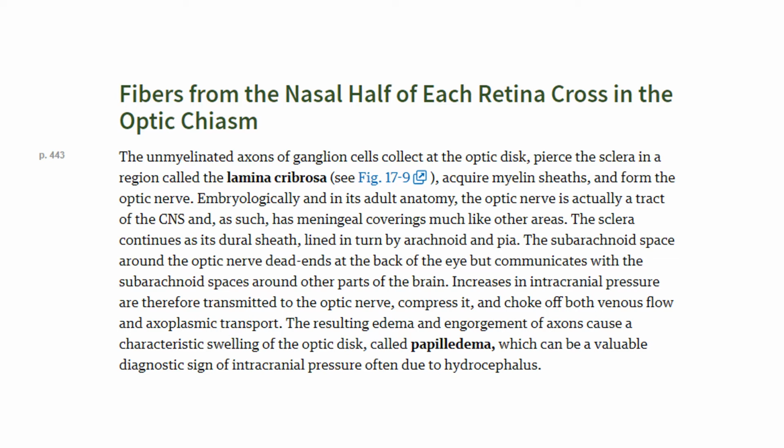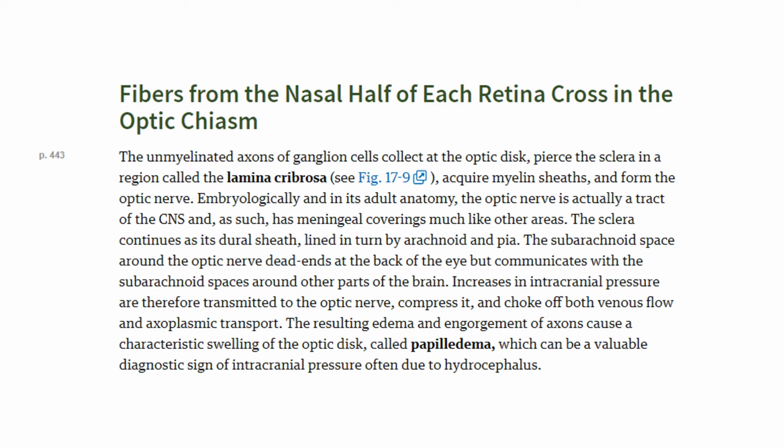The subarachnoid space around the optic nerve dead ends at the back of the eye, but communicates with the subarachnoid spaces around other parts of the brain. Increases in intracranial pressure are therefore transmitted to the optic nerve, compress it, and choke off both venous flow and axoplasmic transport.